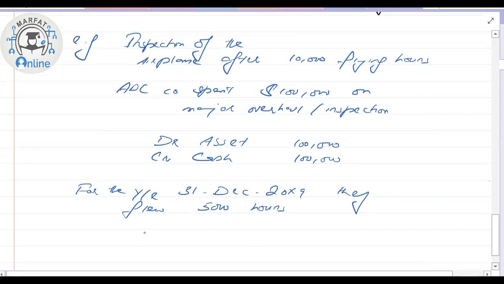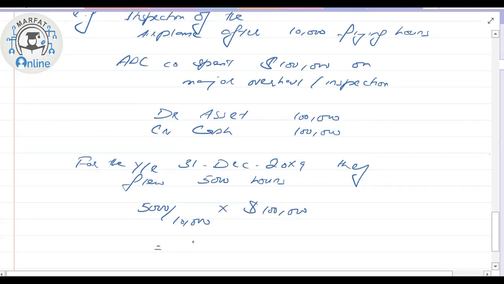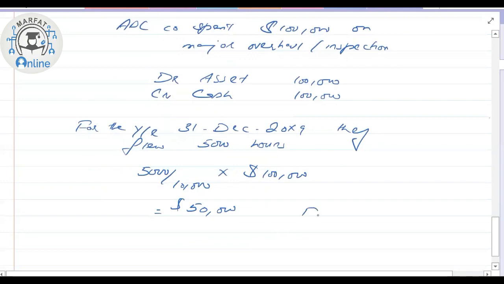Now what they're going to do is 5,000 divided by 10,000, which is the total number of hours, multiplied by 100,000. So this gives them $50,000. So this will be expensed out as depreciation.